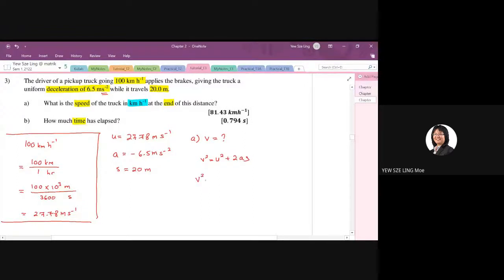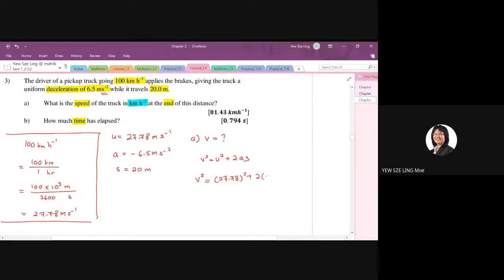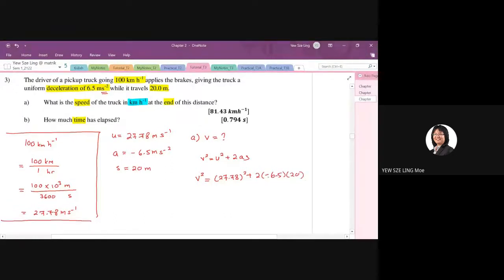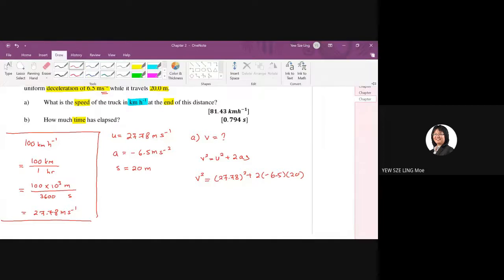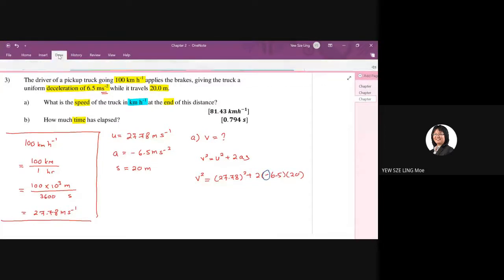So V squared equals to 27.78 squared plus 2 times negative 6.5 times 20. So remember to add the negative into your equations. All right. Without this negative, the marks for substitution will be deducted. All right. It is part of the substitution.